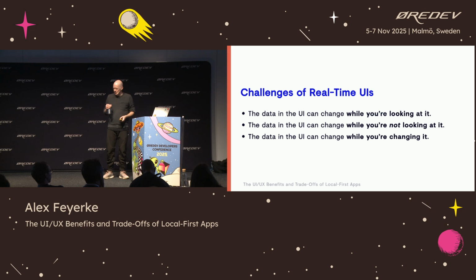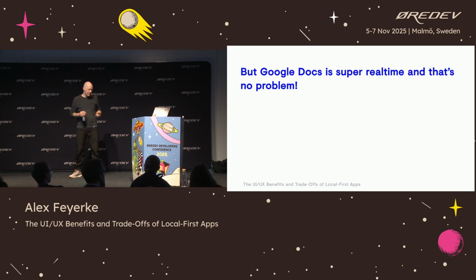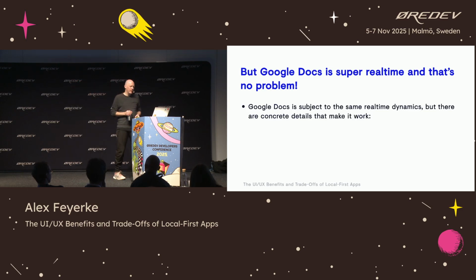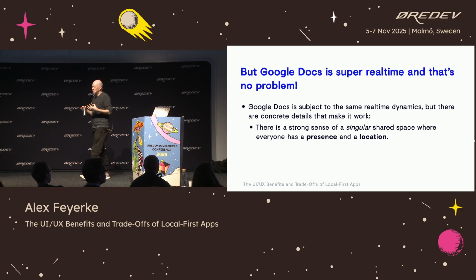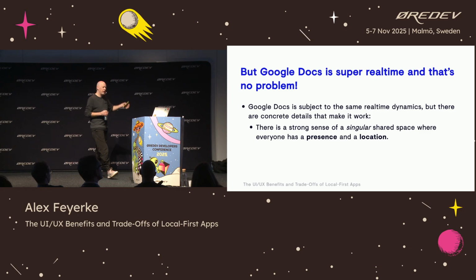But, I hear some of you think, but Google Docs is extremely real-time, and that's no problem. Yeah, because it depends on the context and what you're doing. It's subject to the same real-time dynamics, but there are concrete details that make it work. So there is a strong sense of it being a singular shared space, a document, where everyone has a presence, the avatar, and a location, the cursor.